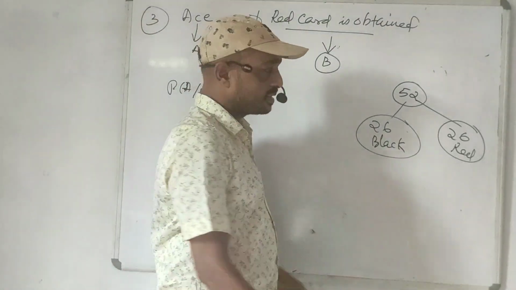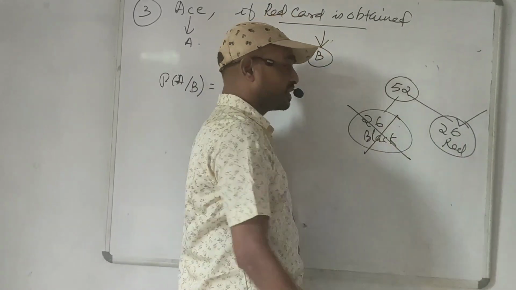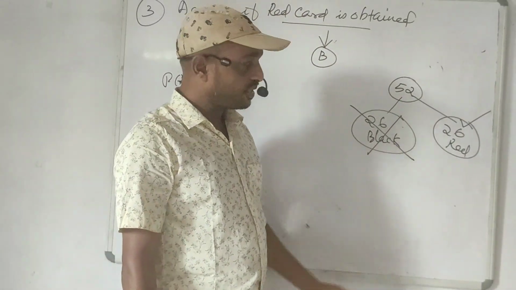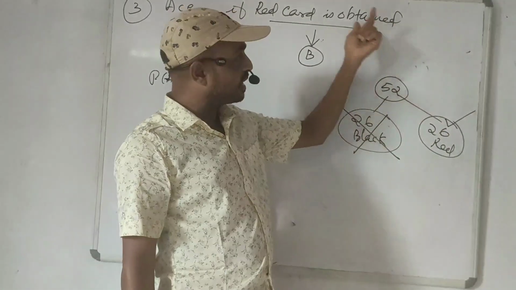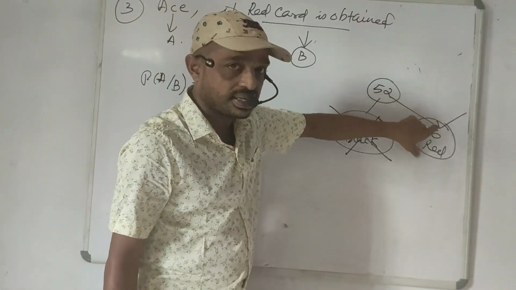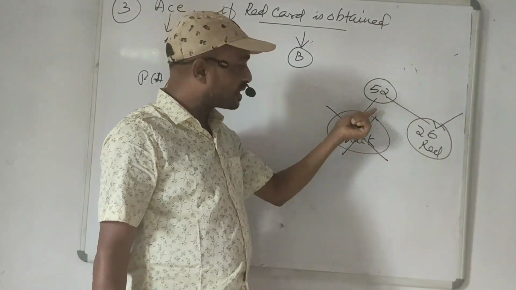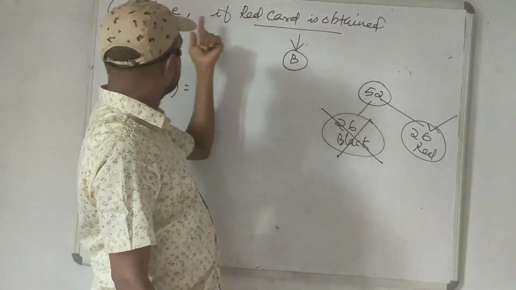Red card is obtained means we need not consider these 26 black cards. We have to consider only these 26 red cards because we are given that a red card is obtained. Then what is the probability of obtaining an ace?